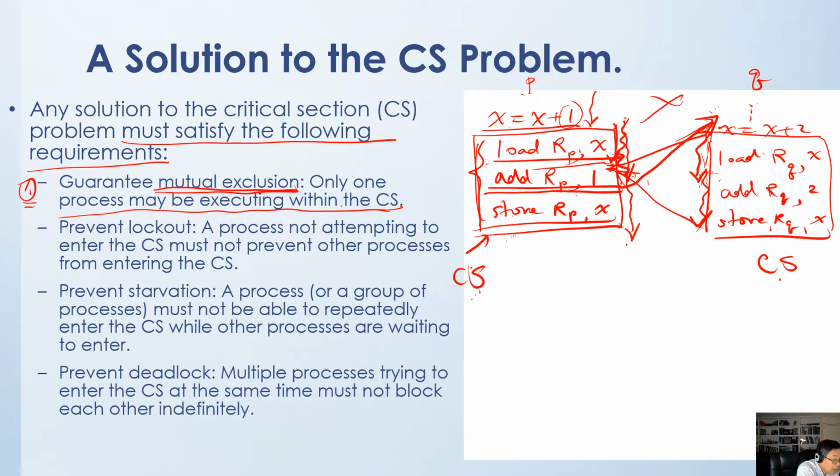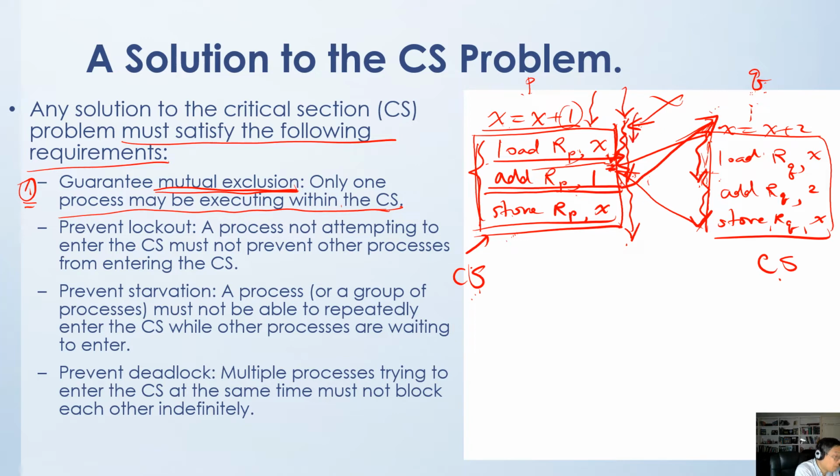Now, the second condition says prevent lockout. A process not attempting to enter the critical section must not prevent other processes from entering the critical section. So if process P is trying to run the first instruction in the critical section, and process Q is not in the critical section, then Q cannot prevent P from entering.